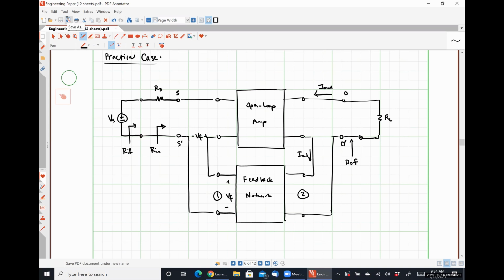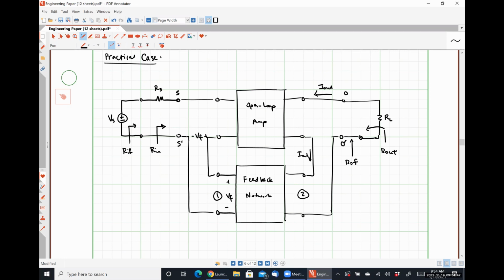All right, so I've got one last thing here. If I were to remove my load resistance and look in, then obviously I would see the output resistance of the system, not including the effects of the loading resistor. All in all, our analysis for these kinds of circuits is going to be very, very similar to what we had for our feedback voltage amplifiers.